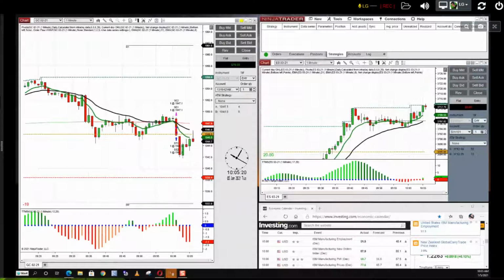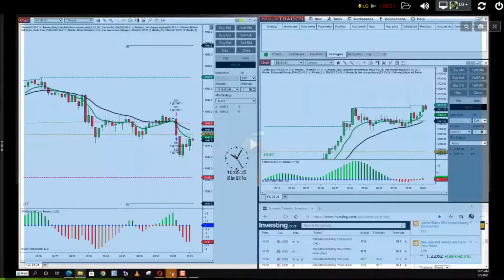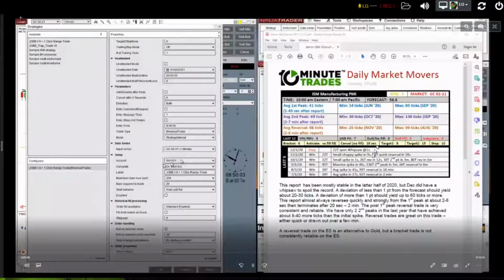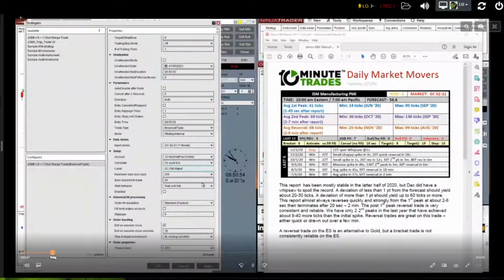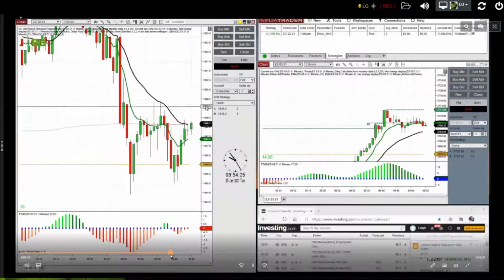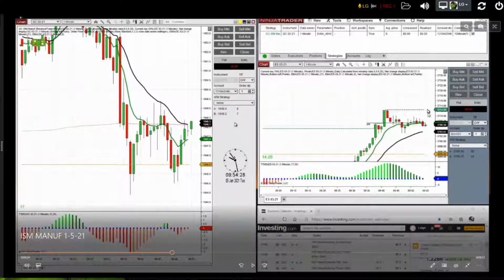The ES did a reversal. If you look at the trade, one of the things you want to look at is the ES chart before the trade, and you have a possible reversal at the high of the day. Watch what the price did.